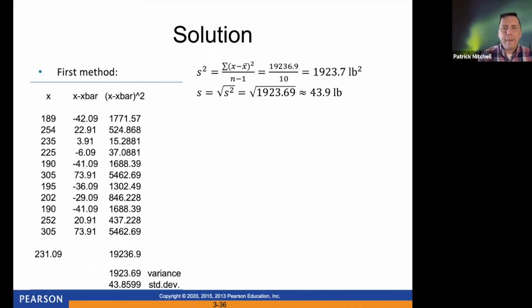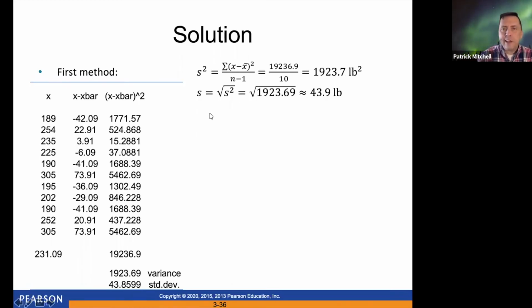When I divide that by 10, which is one less than the sample size, that comes out to 1,923.69. So if I'm reporting that answer, I'm going to report it as 1,923.7 pounds squared, as weird as that sounds.